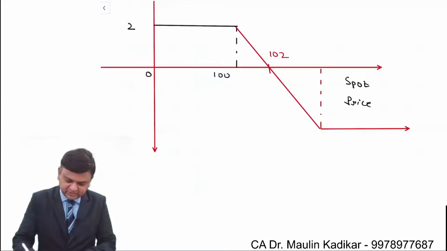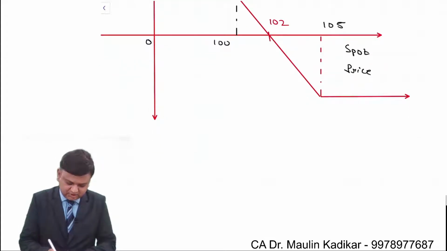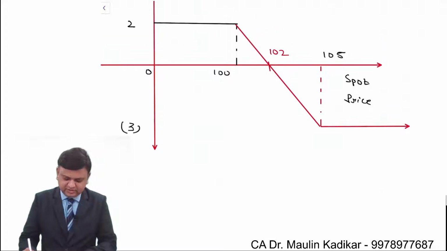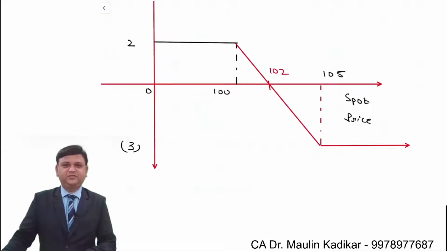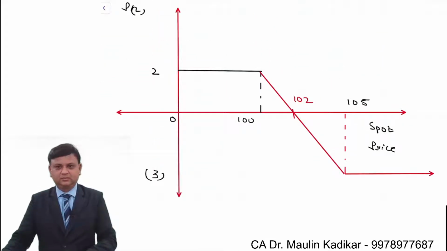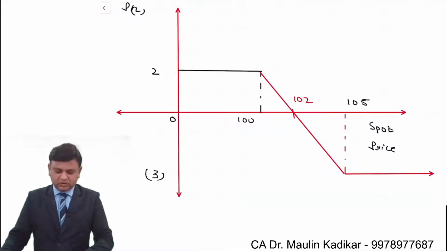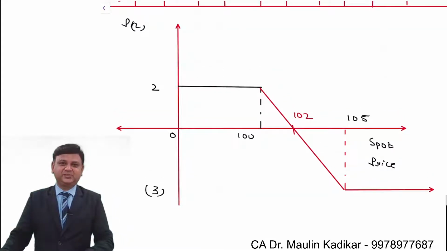So this is the price of 105. And over here, there is a loss of rupees 3, which remains 3 rupees itself. So this is the way we will have the vertical spread strategy.